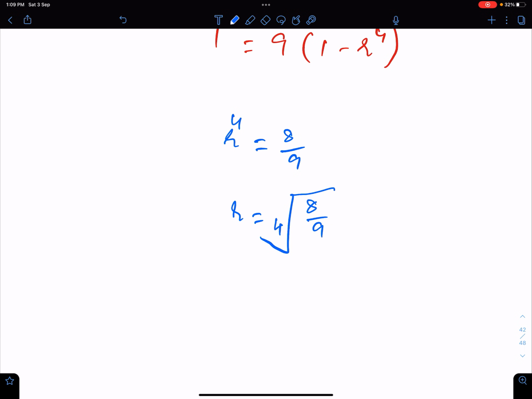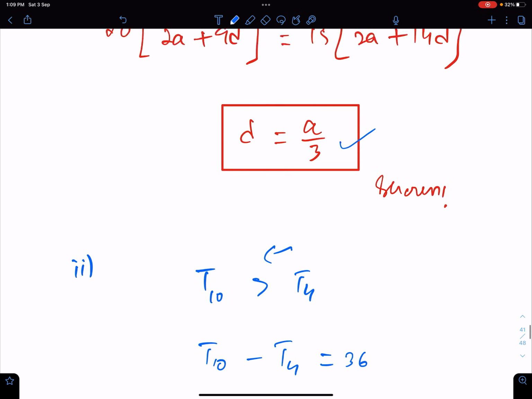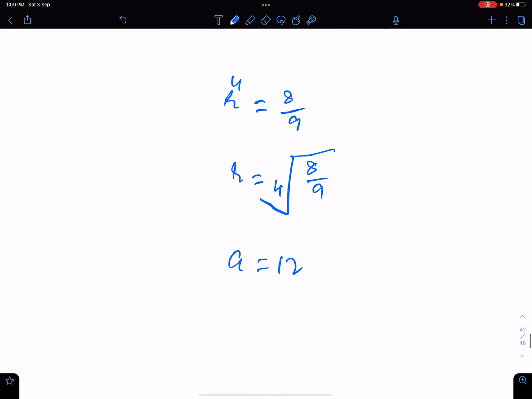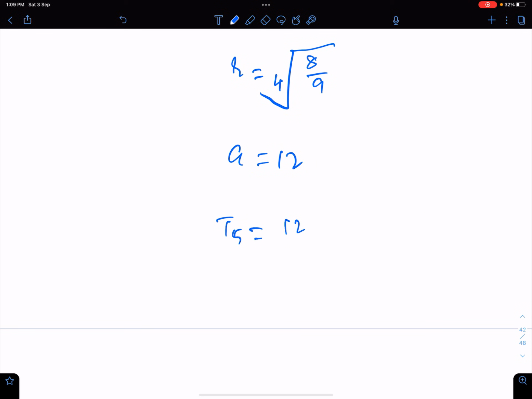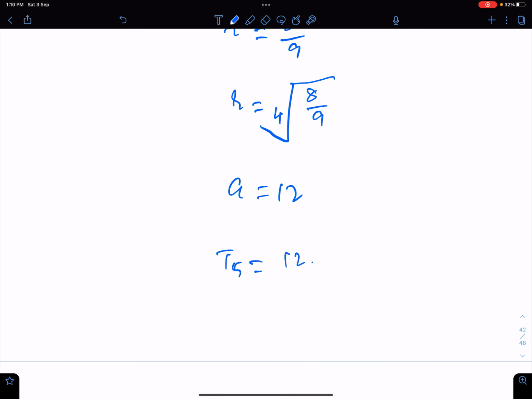Given that the first term is 12, find the value of the fifth term. First term is 12. We need T fifth. So T fifth is a times r to the power 4, which is 12 times 8 upon 9, which is 32 upon 3.